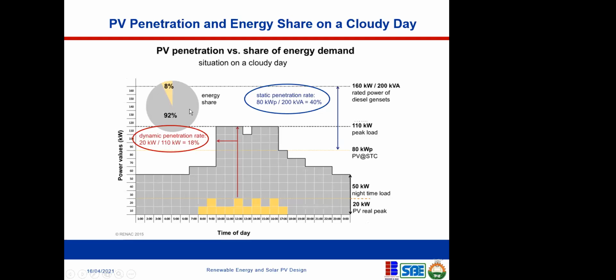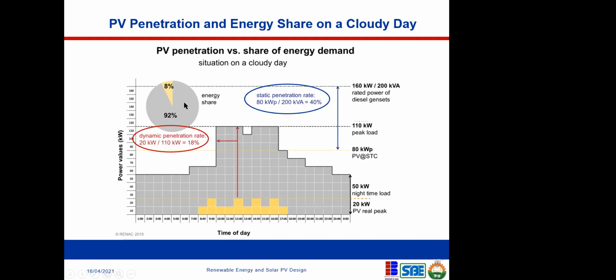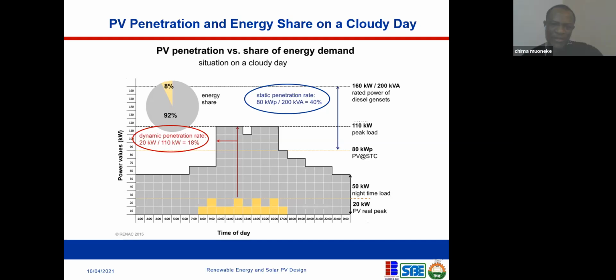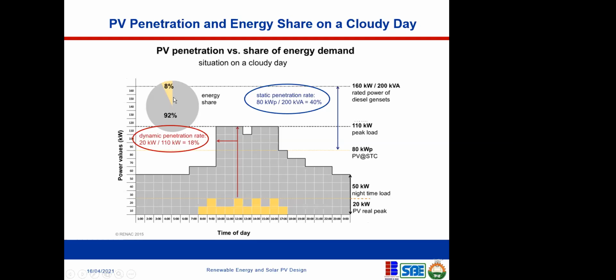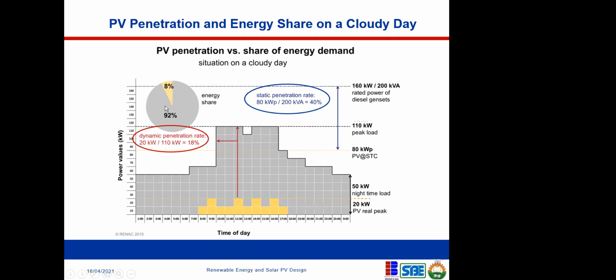That is the energy share from the generator, the difference between the solar and the generator. Out of 100% energy requirement for this whole day, the solar system only supplies 8% of the energy, while the generator supplies 92% of the energy.